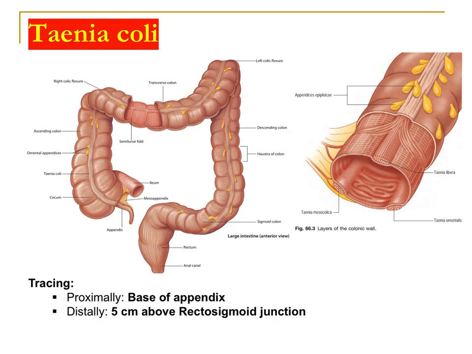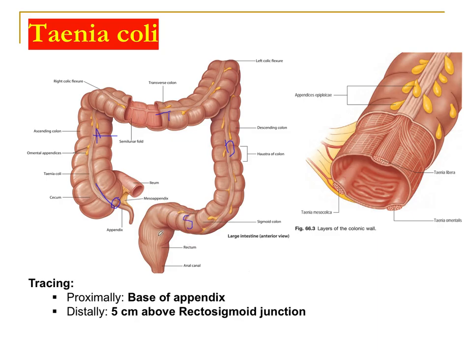Now, if you trace this tinea coli, it actually starts from the base of the appendix, somewhere here from this region. Tinea coli are absent in the appendix itself. If you trace it, it moves upward in the ascending colon, the transverse colon, and the descending colon, and it reaches only up to the sigmoid colon.